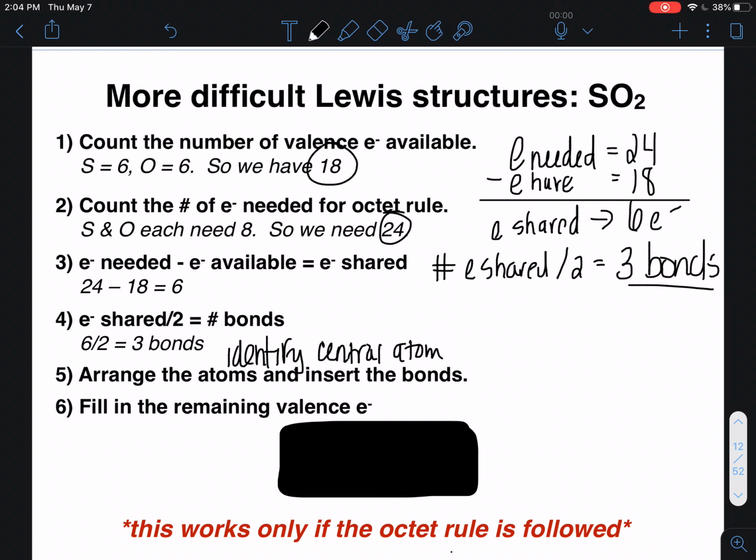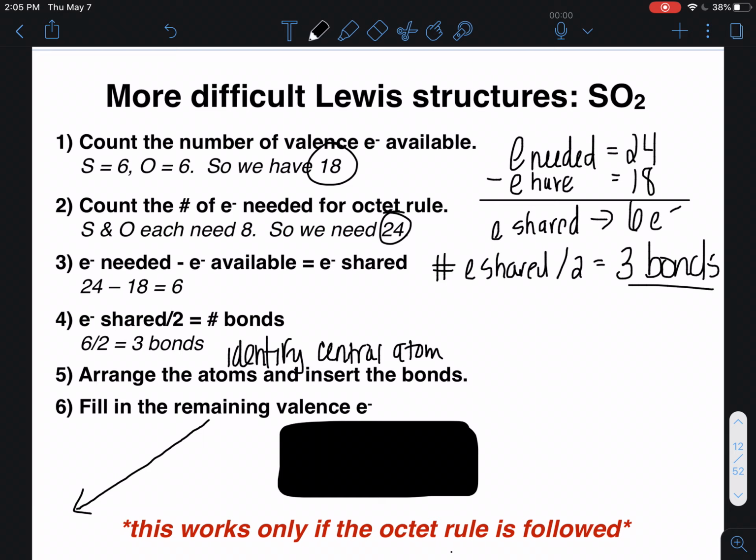In this case, most of the time it's the solo atom. It's also the atom that has the most metallic character, that's what we've learned so far. If you remember your metallic character rule, metallic character increases as we go from right to left on the periodic table, and it also increases as we go down.